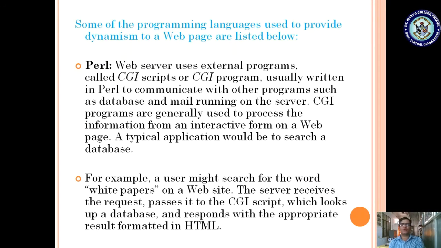Some of the programming languages used to provide dynamism to a web page are listed below. So we will see what the dynamic programming languages for our web page are. First one is Perl. A web server uses external programs called CGI scripts or CGI programs, usually written in Perl, to communicate with other programs such as database and mail running on the server.